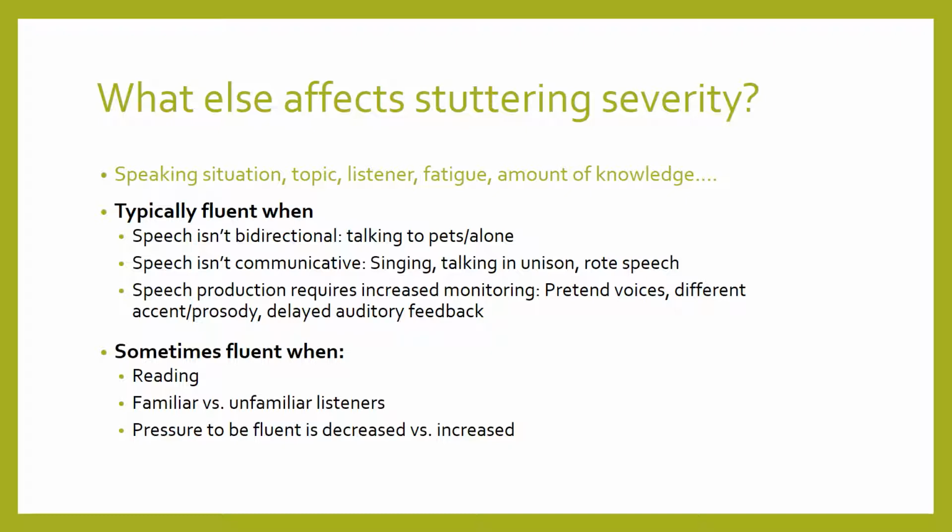Also, when speech isn't used as a communication, so when singing or talking in unison or rote speech, things that you've memorized tend to not be stuttered. And then when speech production requires increased monitoring, so using pretend voices or using different accents can result in decreased stuttering. And then there's also something called delayed auditory feedback, which we'll talk about in class.